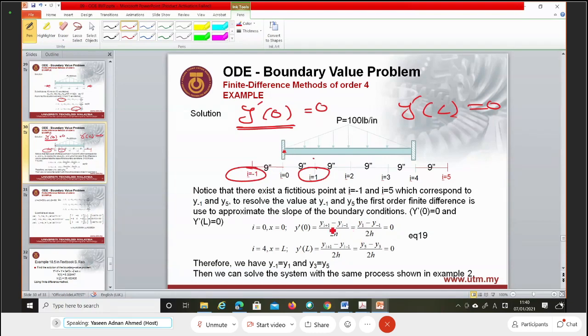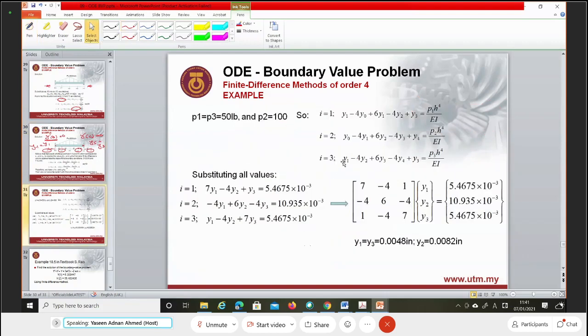If this is zero, then y1 is actually equal to y minus 1, so you can replace this one with this. Easy. Similarly here, it is a fixed end, so this minus this divided by 2h should be 0. That means the deflection values are the same. That's how we can solve the problem of fictitious points.